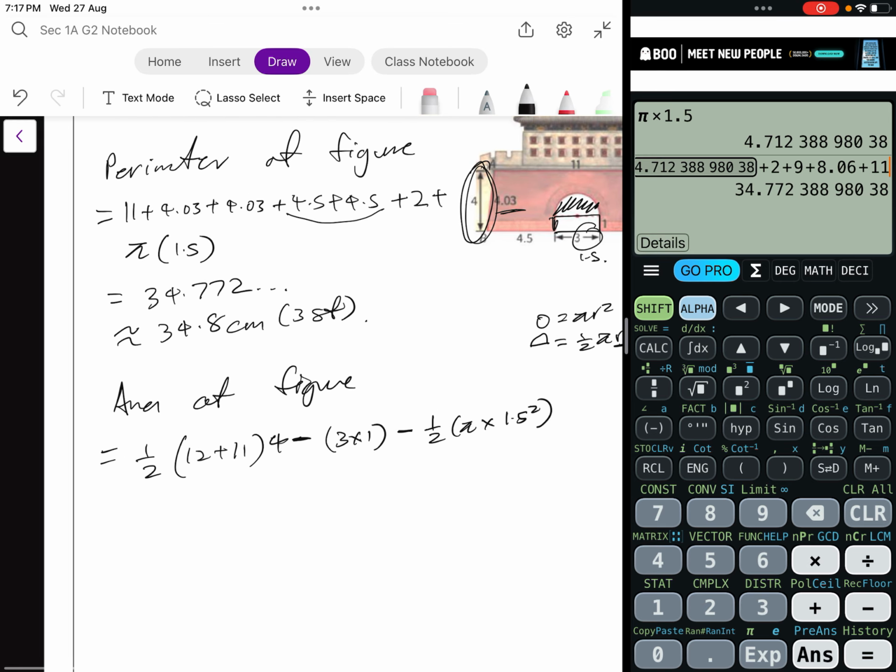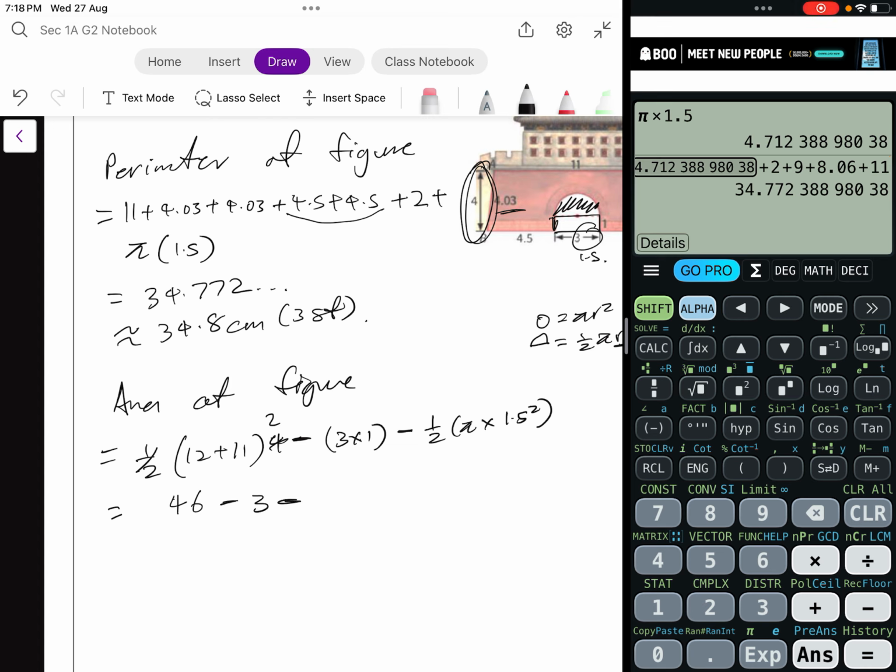From here, divide by 2. This is 23 times 2, sorry. 23 times 2 is 46. Then we minus away 3.